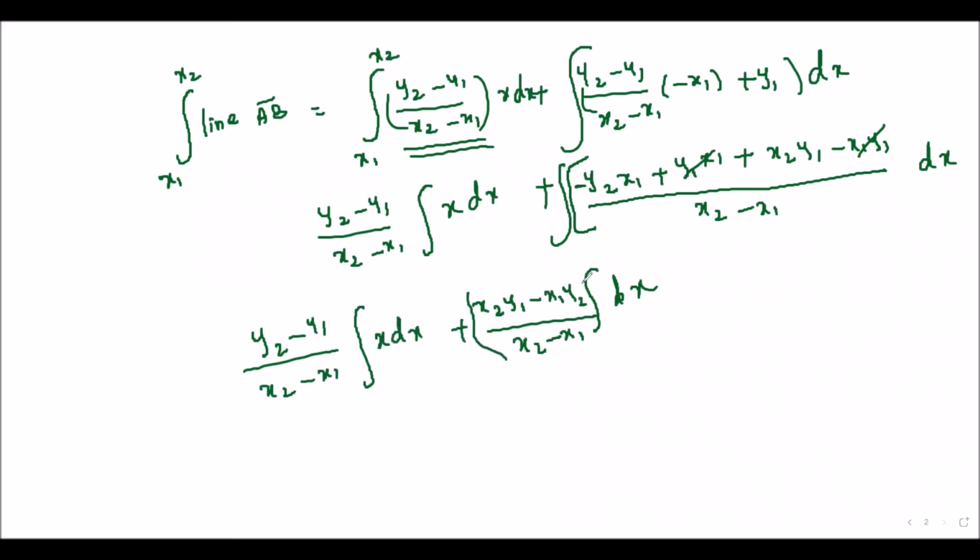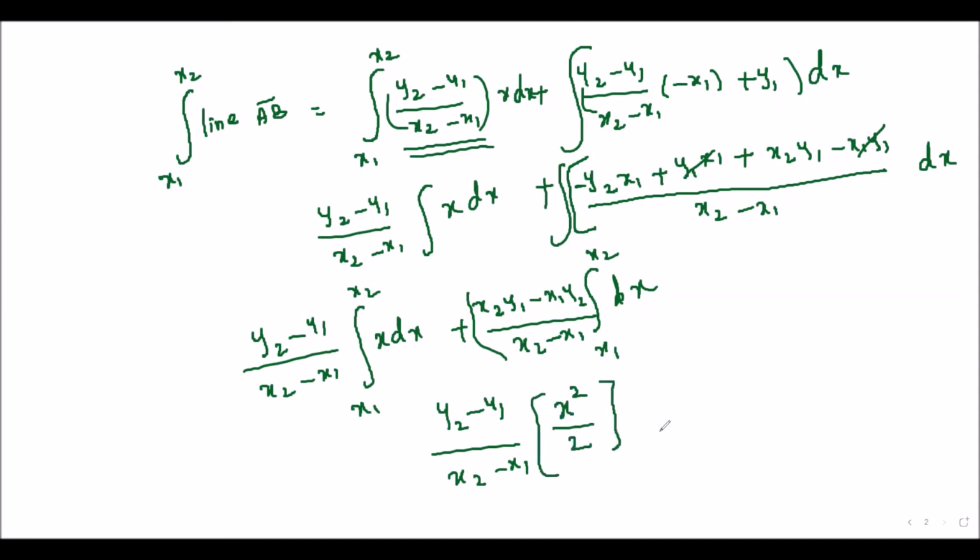Now this is for the second integral. So my limits are varying from x1 to x2 for both. x1 to x2. So now what is the integration here? So now this is (y2 minus y1) divided by (x2 minus x1). The integration of x dx is nothing but x square by 2. So x square by 2, and the limits are varying from x1 to x2.